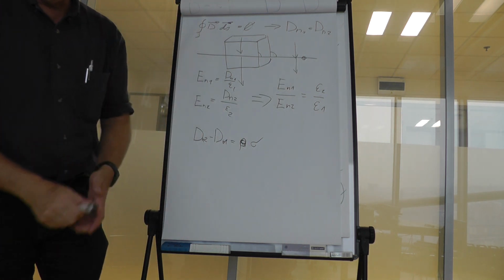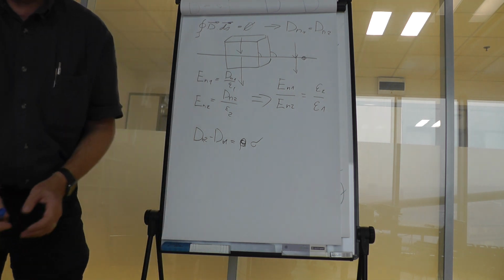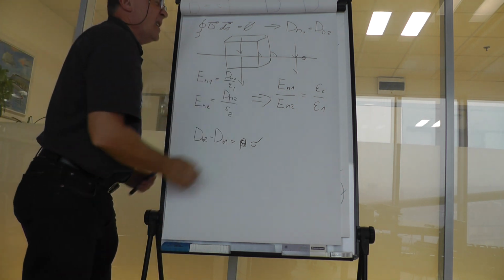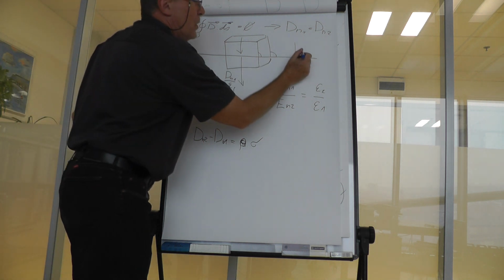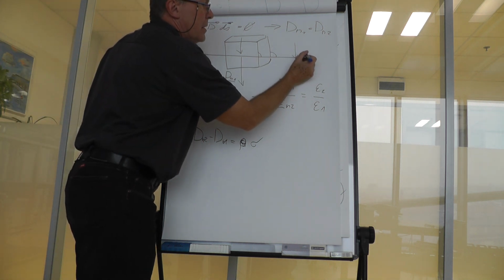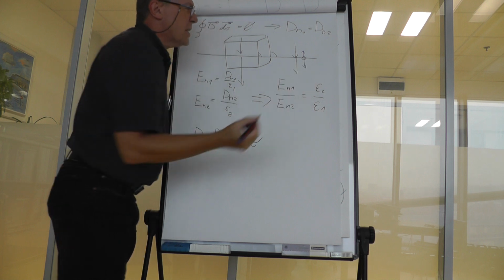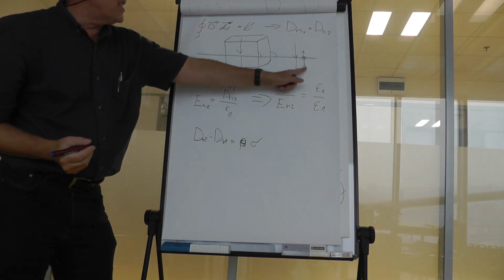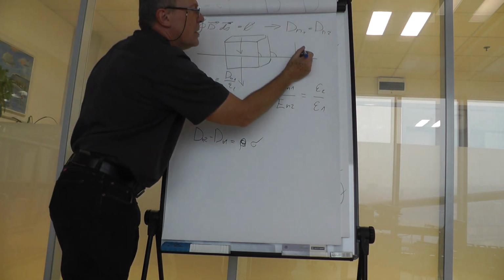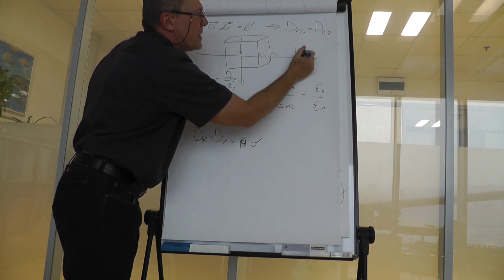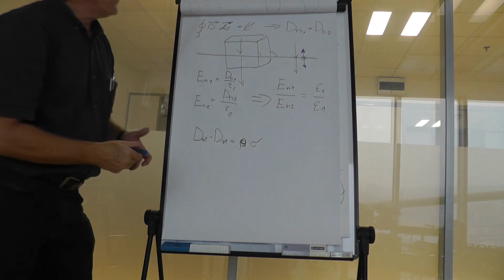Well, the field of this charge is known. It will point out from the charge upstairs and downstairs. This is the flux density of this charge. It should have equal lengths upstairs and downstairs, so something like this.